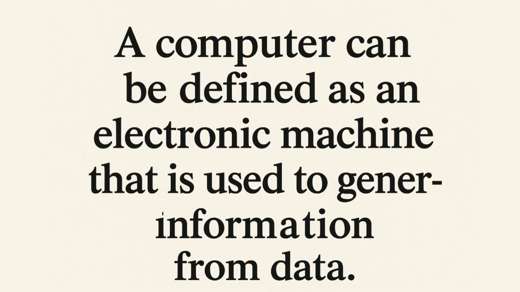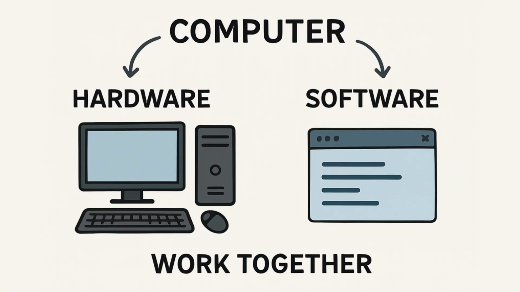Now the recap. Computer can be defined as an electronic machine that is used to generate information from data. That means it's a smart machine that helps us work with data. A computer is divided into two parts, hardware and software. Hardware and software must work together to get useful results in a computer.